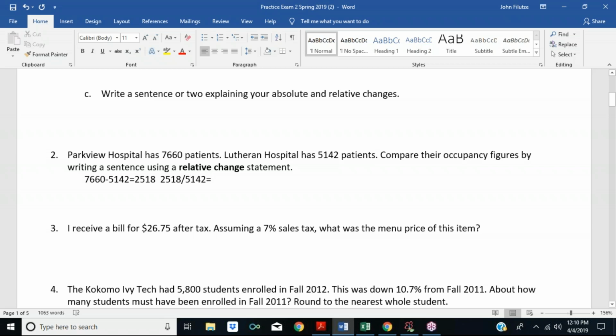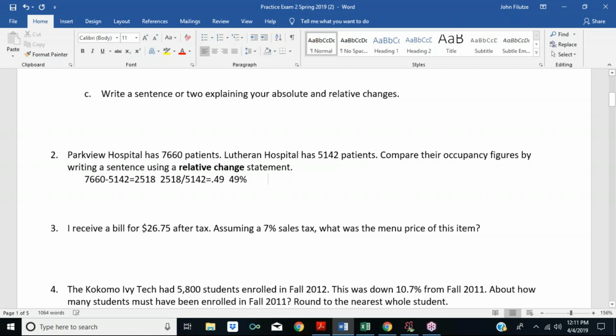If we were doing the relative change starting with Lutheran, ending with Parkview, so how much more is Parkview, then we would do it this way, and that's 0.49 or 49%. So we would say that Parkview has 49% more patients than Lutheran.